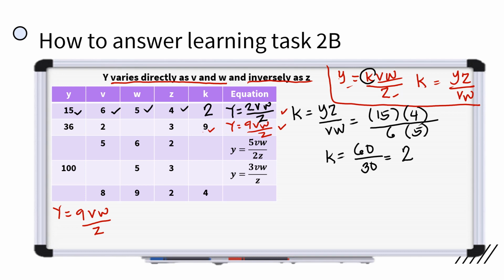So, we have y here, 36. The k is 9. So, v is 2. Then, w is missing, over our z is 3. So, multiply first the denominator and our number on the other side of the equal sign, which is 36. So, 36 times 3, that is 108.